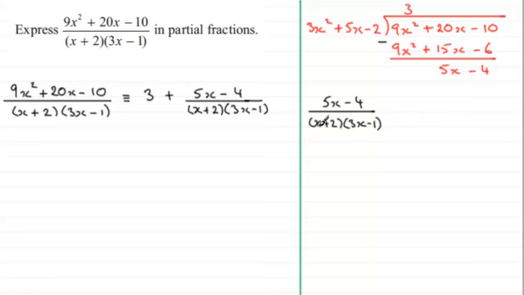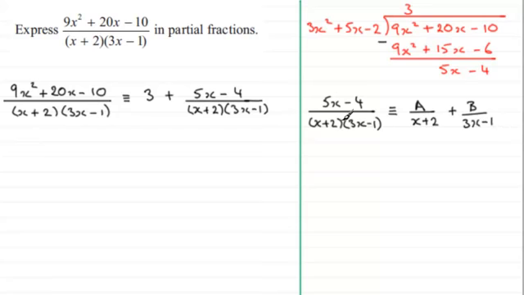These two factors here are linear factors, and for linear factors they give rise to partial fractions of the form a constant, which I'll call a, over the first linear factor, x plus 2, and then another constant, plus b, over the next linear factor, 3x minus 1. And again, if you're unsure of all this stuff on partial fractions, just go on my website, ExamSolutions.net, and check out partial fractions tutorials.